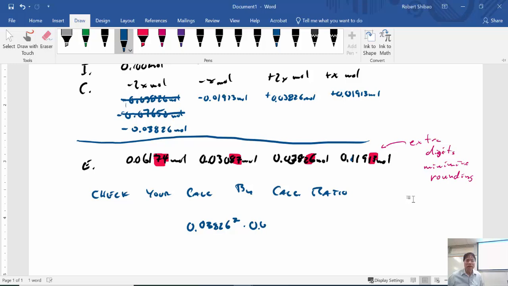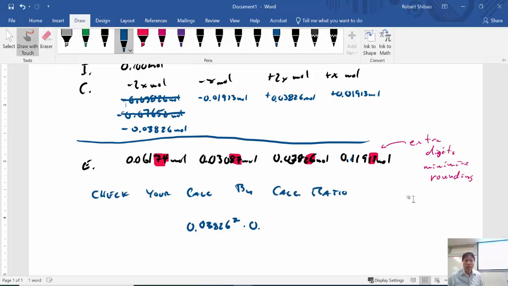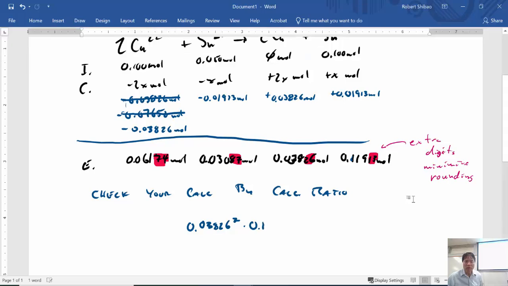The tin actually is 0.1, sorry, because we started off with a lot of tin to begin with. And so the tin is actually 0.11913. All the units cancel, so I have mole squared here times mole will give me mole cubed. Do you see that? And so I have moles cubed on the top.